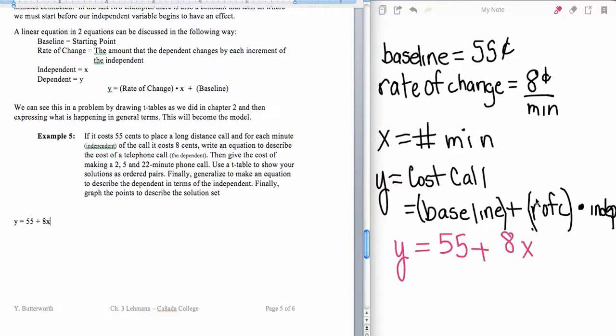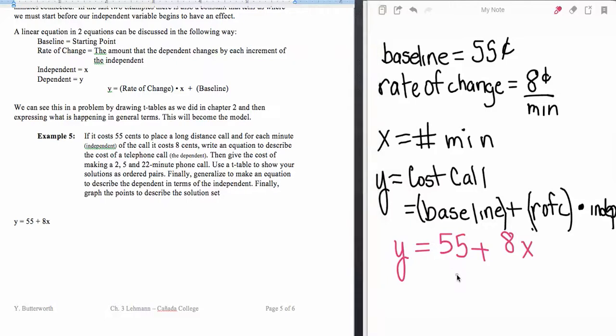Unit analysis wise, we've got cents here, plus cents per minute, and our x's are in minutes. The minutes cancel, which gives us cents plus cents, and our y values are in cents.